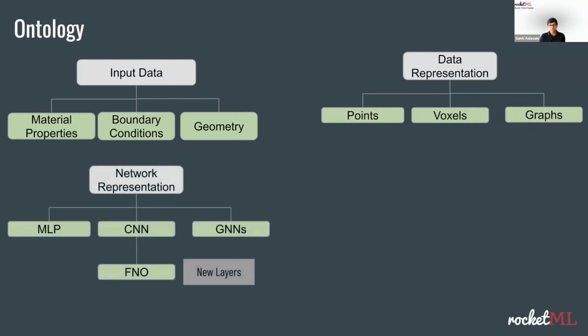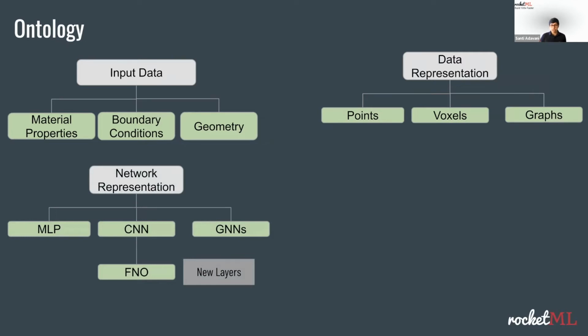The third one is network representation, right? So people use just a simple multi-layer perceptron. This is the traditional PINN way of doing things. Could use CNNs or GNNs. And within CNNs, there is FNO, right? So FNO is the Fourier neural operator.